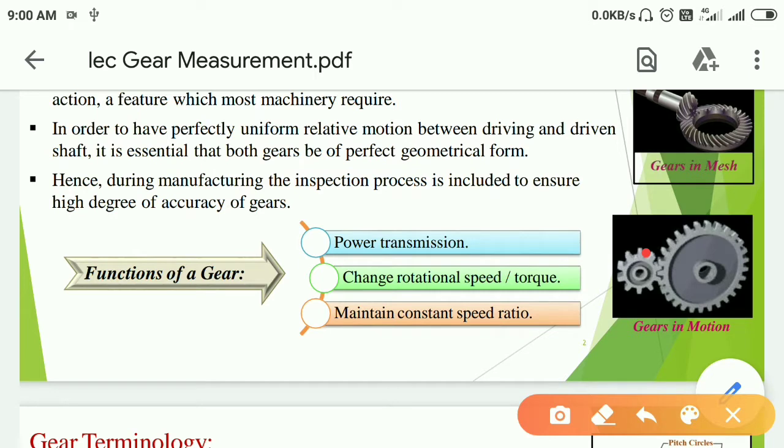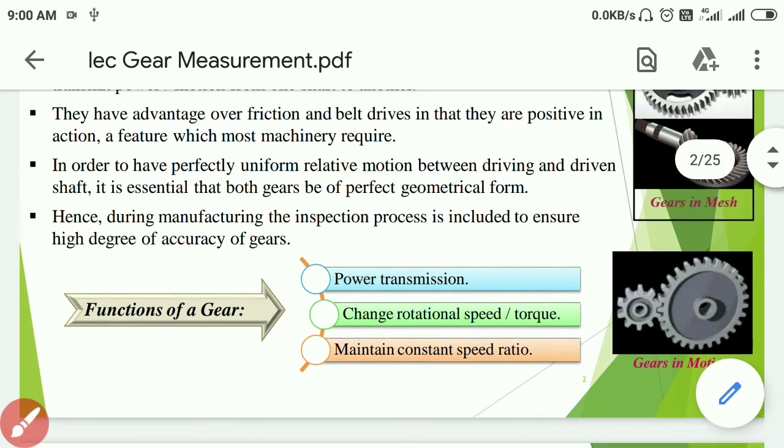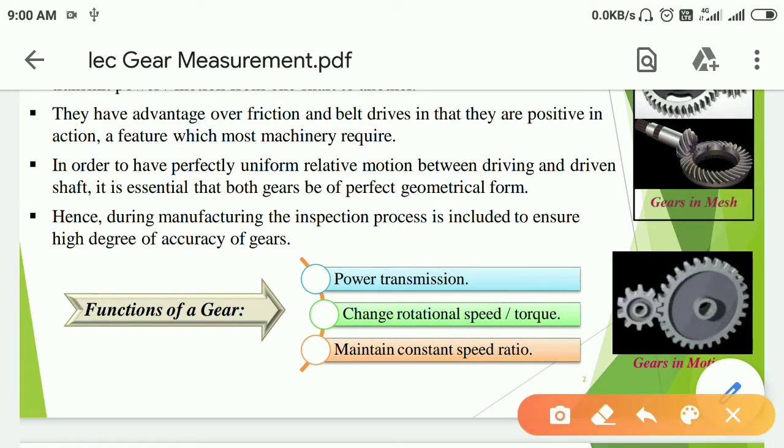Similarly, if you want to decrease the speed, the engine shaft will be connected to the big gear. So according to the speed requirements, we can change the gears and we can change the speeds as per requirements. Now, what are the functions of gears?